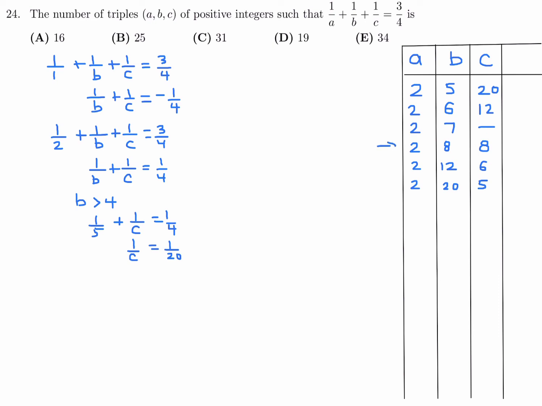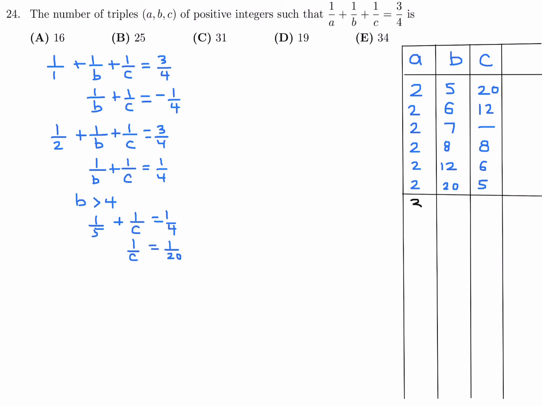So you saw here that I did 2, 8, 8, but then I didn't do the 7 for C because that doesn't give an integer value for the other one. And then I did 6 because I got a 6 here. I did 5 because I had a 5 here. So those can be reversed. All right? So that takes care of A equal to 2.